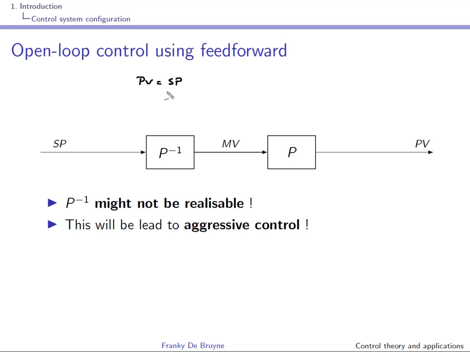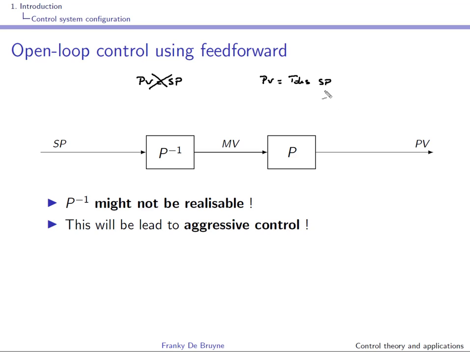So what you could do instead of imposing PV is equal to setpoint is to say, well, PV is equal to some desired transfer function that you have to choose in an appropriate way, setpoint, right?